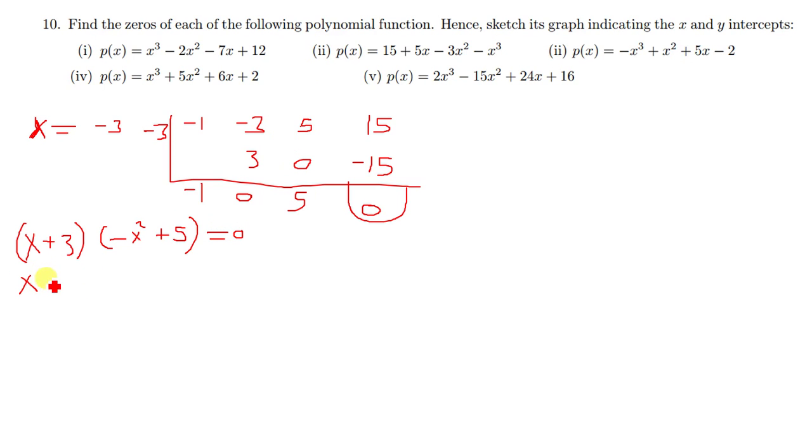So you are going to have your first value of x to be negative 3. Then when you equate this part to 0, you are going to have the second value of x to be plus or minus the square root of 5.